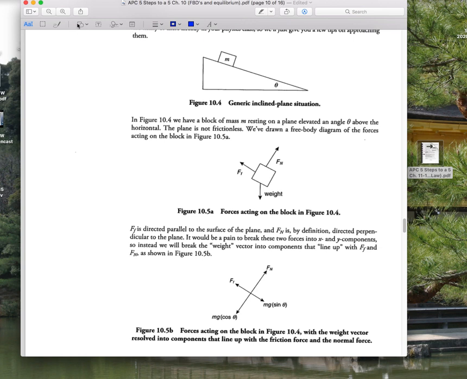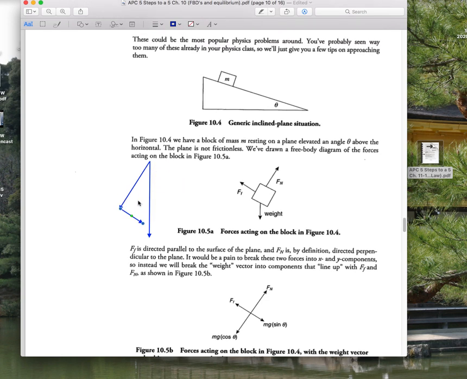So the way that you can get something like that is you would think of the weight as acting straight down. You would think of the normal force as being something like this, and you would think of the parallel force as being something like that.